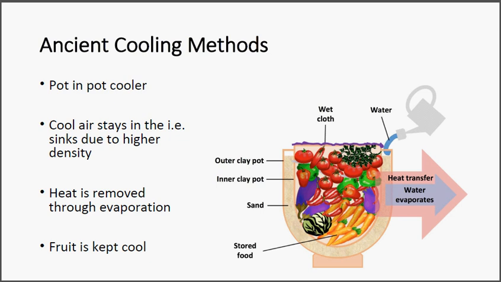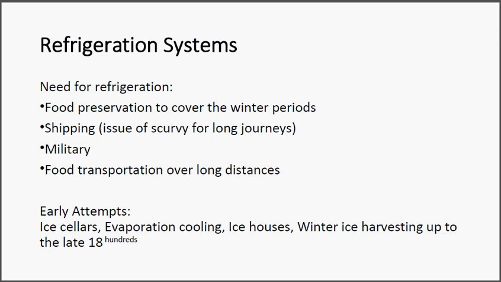Okay. Next one. We're now going to look at refrigeration systems, and again the need for refrigeration. First one is food preservation to cover the winter periods, also to have in the summer periods when it's really hot, to make sure your food lasts longer than a day once you harvest it.